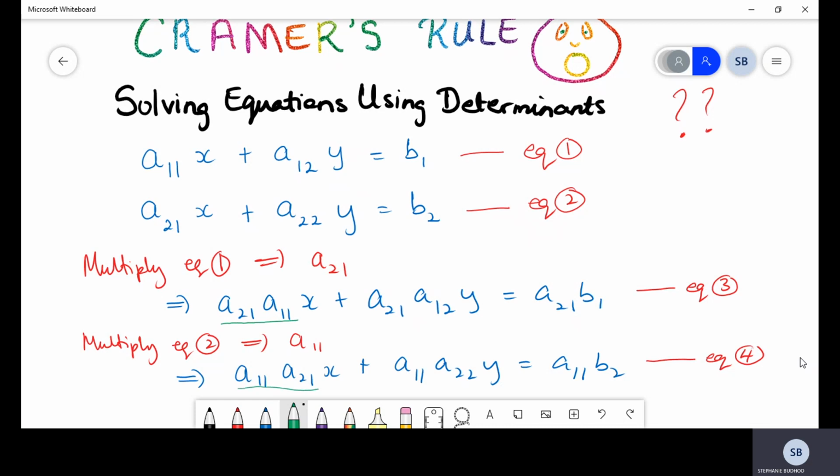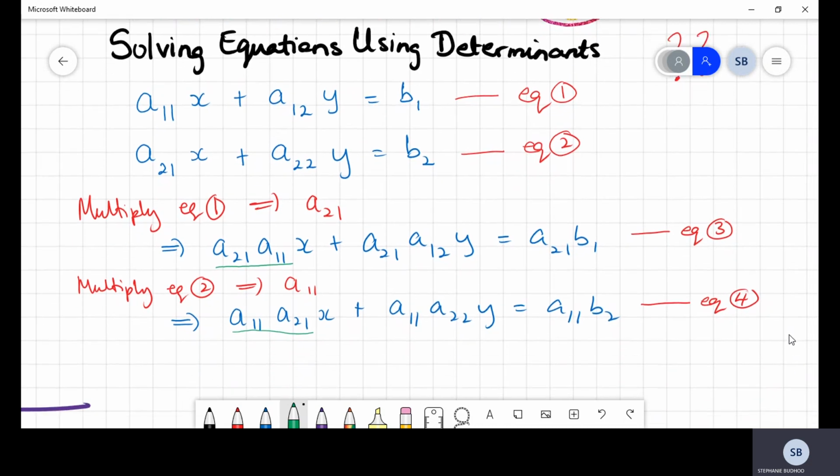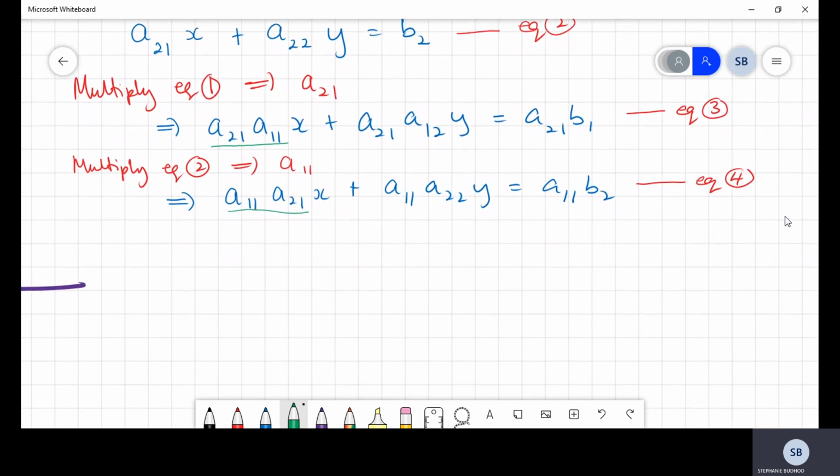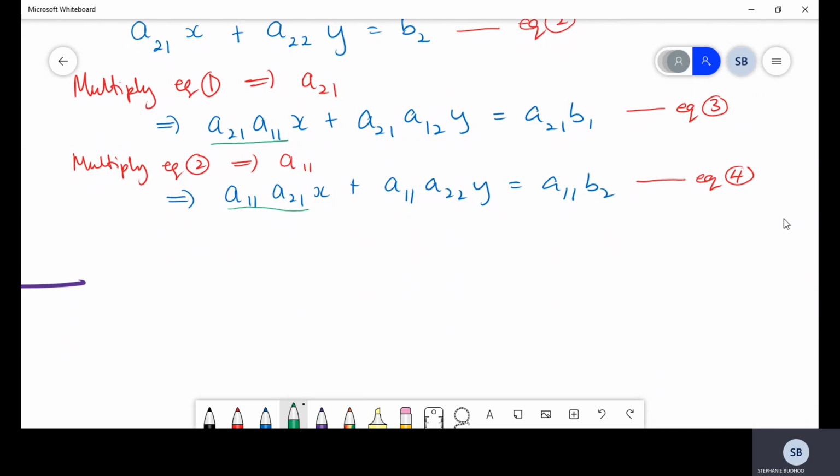So by the elimination method, we can successfully subtract these two equations, and let's see what's going to happen if we do. So we're going ahead here using that elimination method. All right. So we're going to say equation 4 subtract equation 3. What is that going to give us?